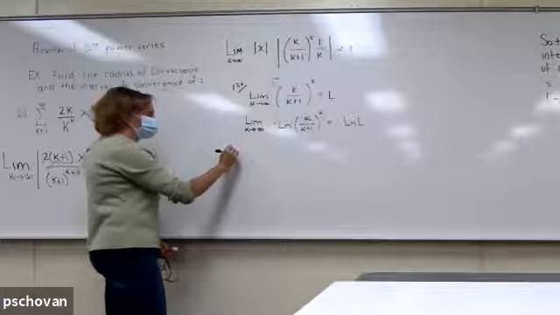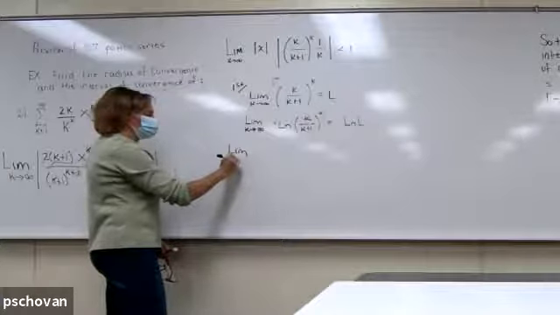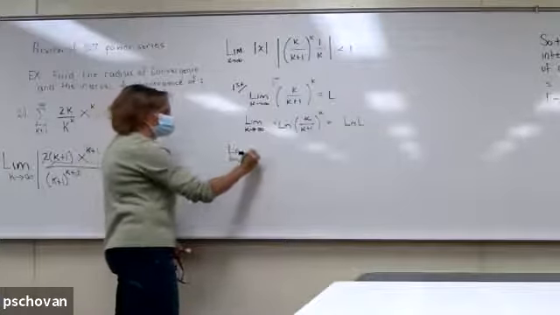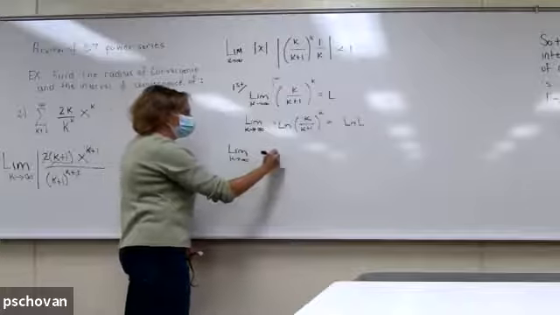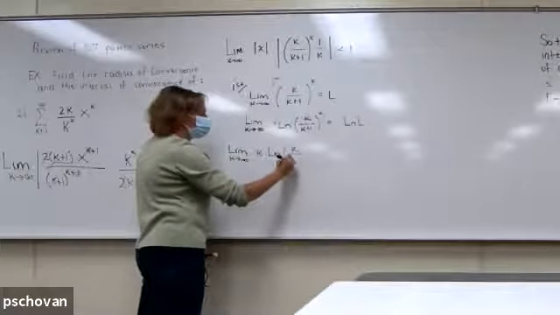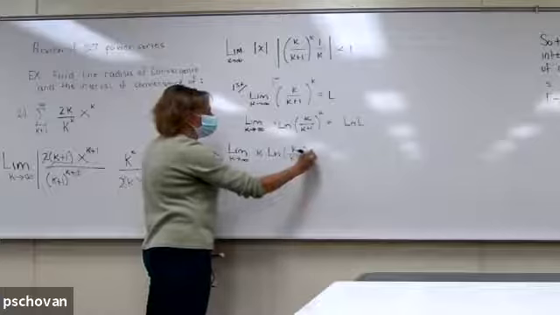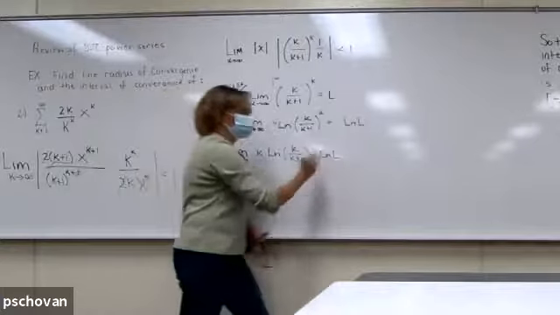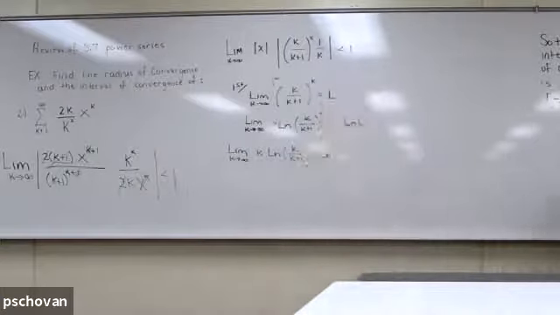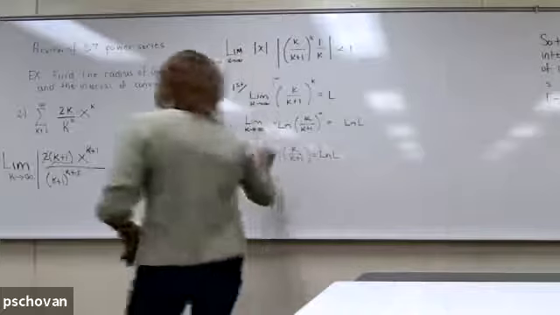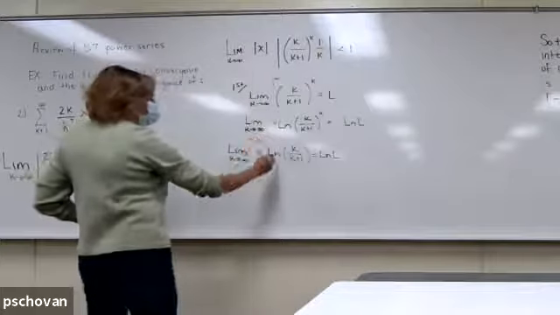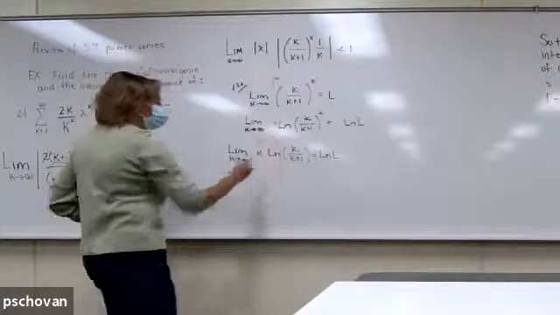And we write this now as the limit as k goes to infinity of k times the natural log of k over k plus 1 is equal to the natural log of L. That's still an indeterminate form. That's the indeterminate form infinity times, here, and this is the log of 1, which is 0.